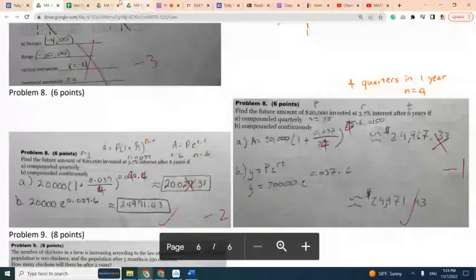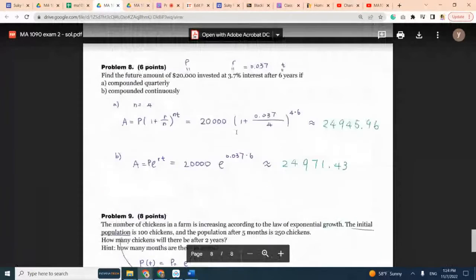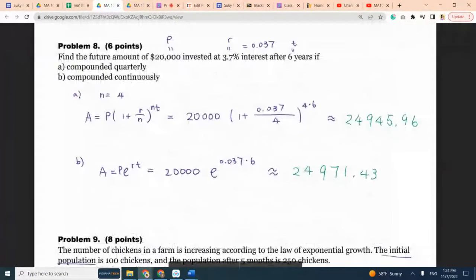Problem 8. So we use this formula. Quarterly. How many quarters in a year? 4. So n equals 4. Right, everybody?